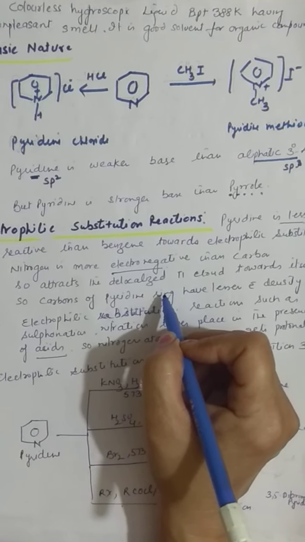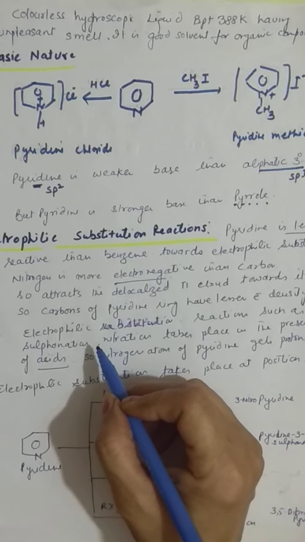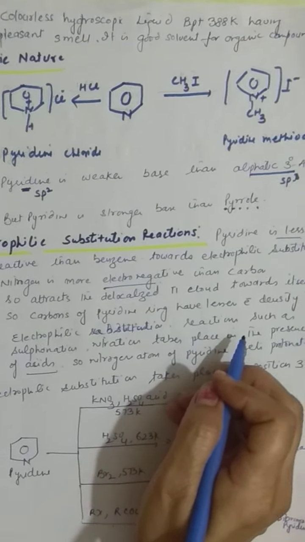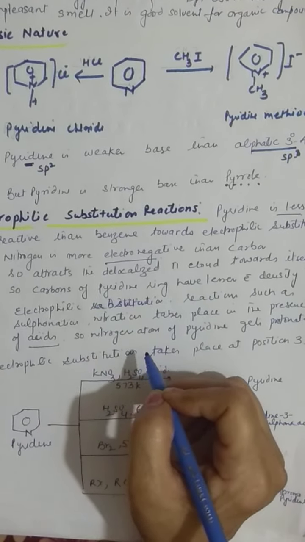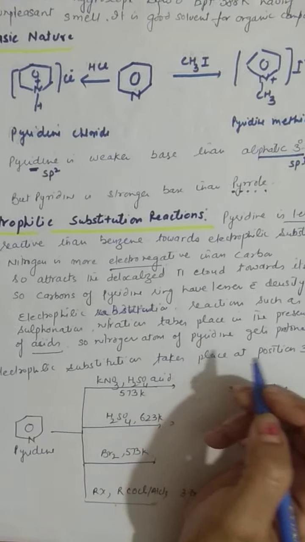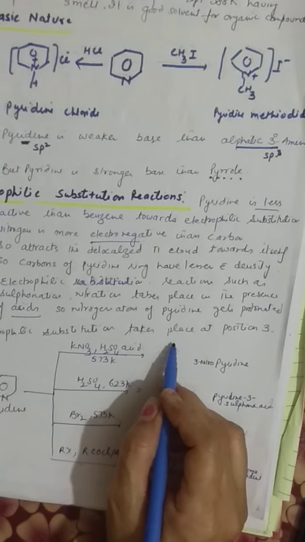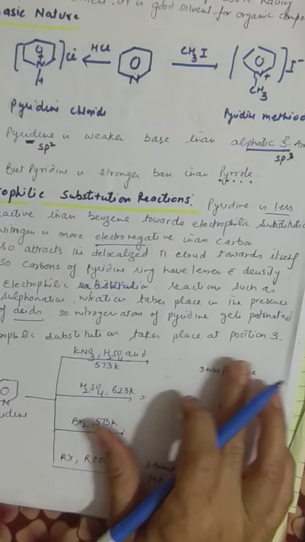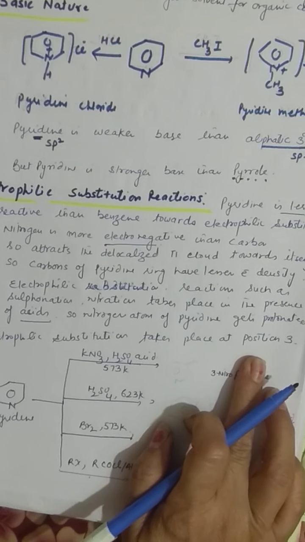So electrophiles can't easily attack the ring. Another condition is that most electrophilic substitution reactions such as sulfonation and nitration take place in acidic conditions, and the nitrogen atom of pyridine gets protonated. So the electrophilic substitution takes place at position number 3, which you have seen in the resonating structure, because it is the position where the electron density is more.